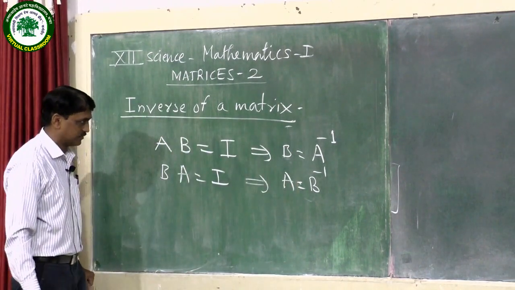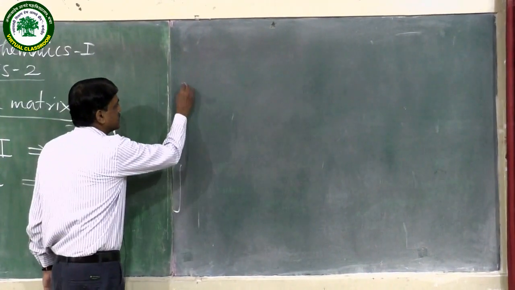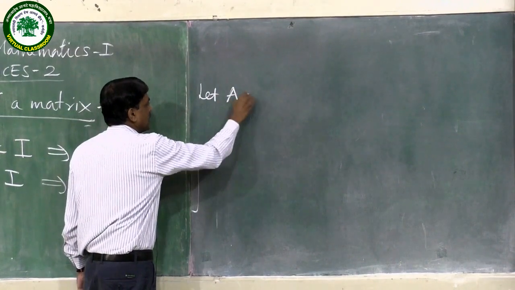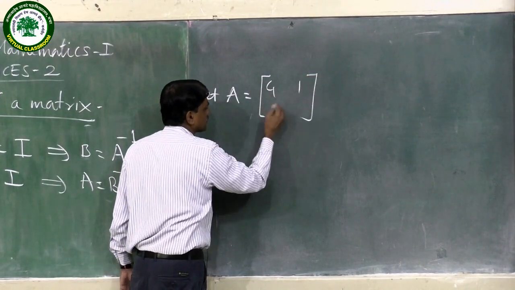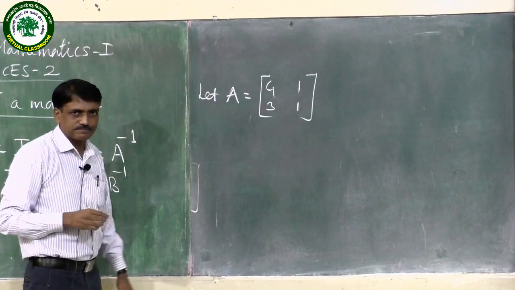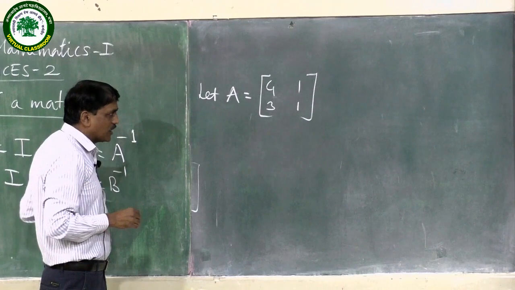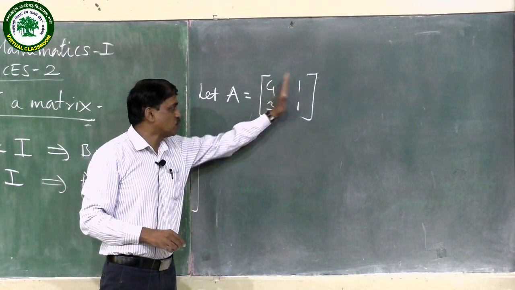Let us take one example. Let A is equal to 4 1 3 1. Let us recall the conditions. A is a square matrix. There are 2 rows and 2 columns.